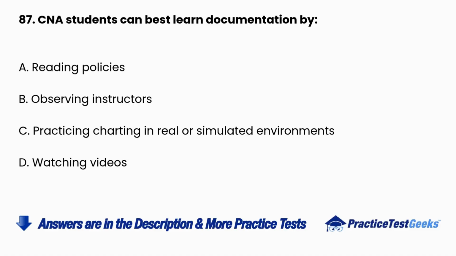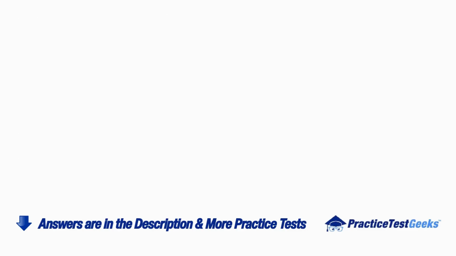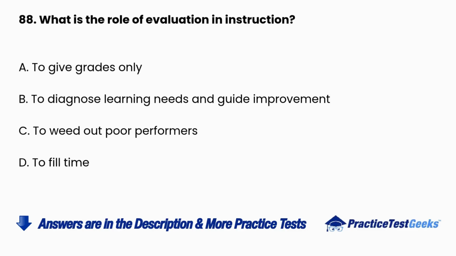B. Observing instructors. C. Practicing charting in real or simulated environments. D. Watching videos. 88. What is the role of evaluation in instruction? A. To give grades only. B. To diagnose learning needs and guide improvement. C. To weed out poor performers. D. To fill time.